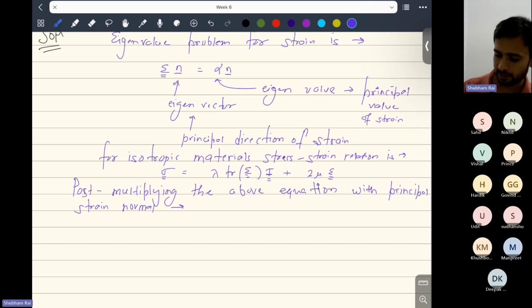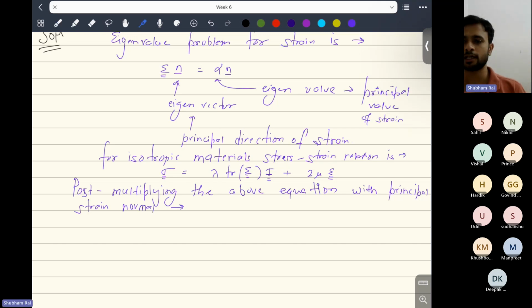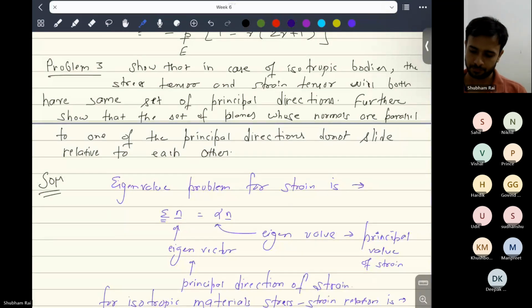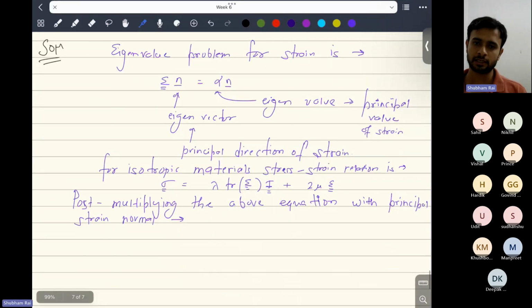And why have we multiplied it with principal strain normal? Because we want to show that the eigenvalues and eigenvectors, or principal directions, of stress and strain for isotropic material are the same. So we multiplied this equation with the principal direction of strain, and then we will show that indeed this is the principal direction of stress as well.